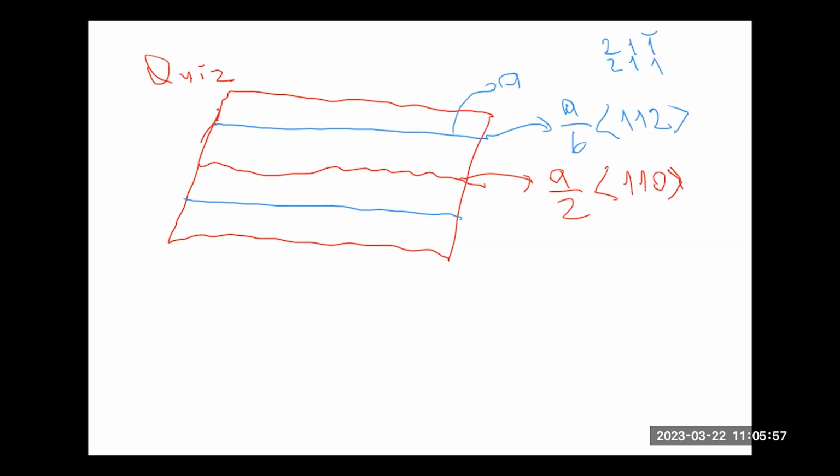So if the dislocation is something like this, the length is b, we call it b over 6.